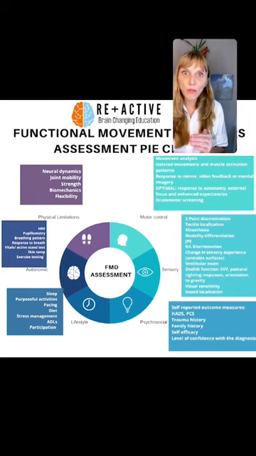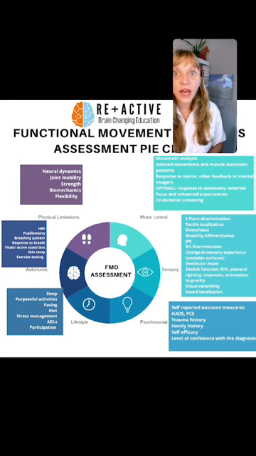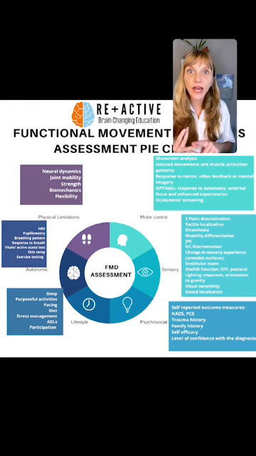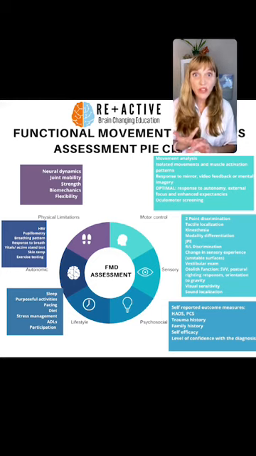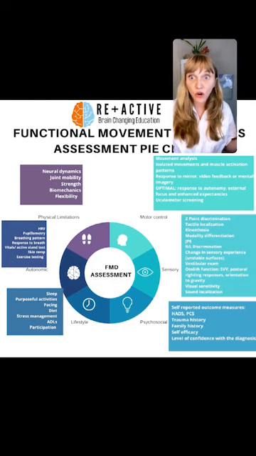Now, autonomic, you've heard me talk about autonomic. I'm pretty obsessed with the autonomic nervous system. So we have to test it, right? We look at heart rate variability. We look at orthostatic hypotension. We look at resting heart rate and heart rate response to exercise. We look at exercise tolerance overall.